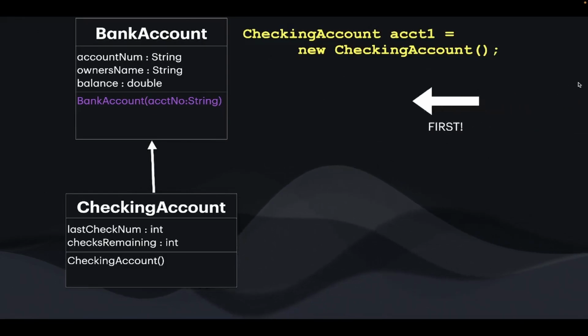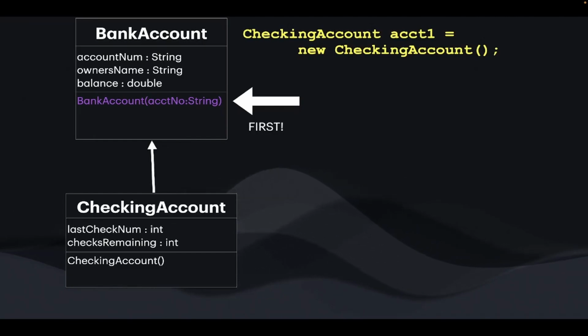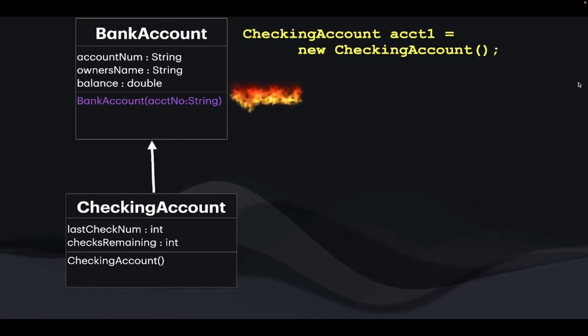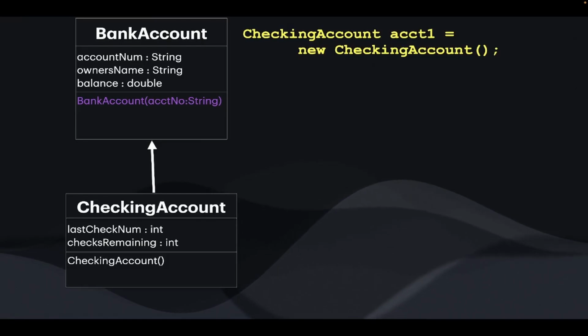But what happens is it comes in looking for this constructor in the bank account first, and it says, well, here's the only constructor I see, and it requires some information. I don't have that information, so I can't do anything here. The solution here is that our subclass constructor needs to specifically or explicitly call that bank account constructor and pass in the information that's needed. So let's go take a look at how to do that.